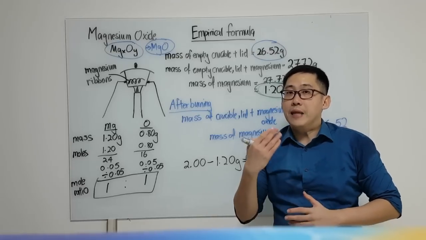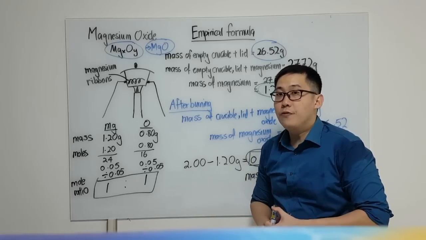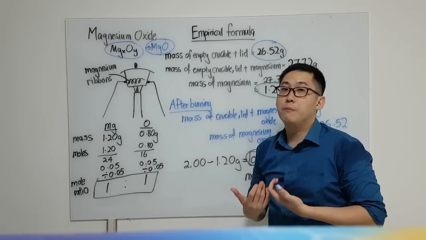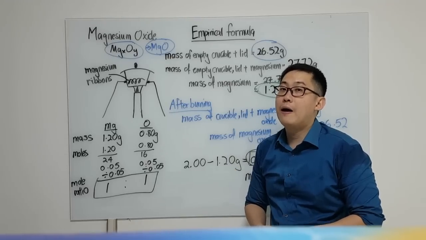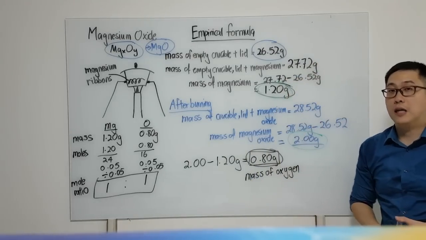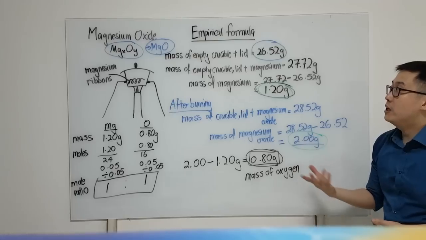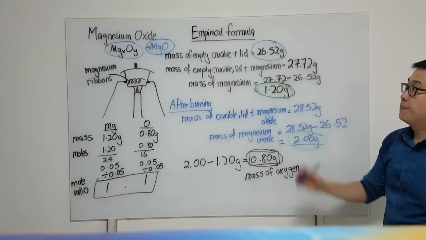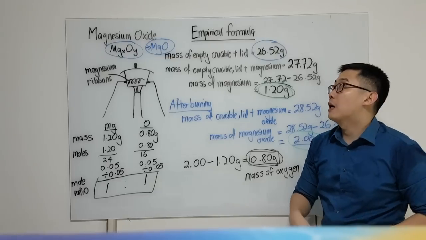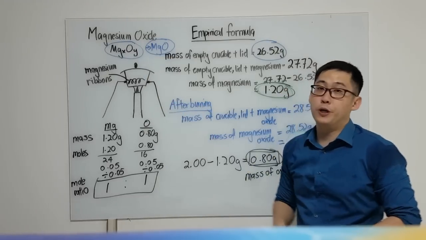Let's recap that in order for us to get a molecular formula, we may need to have more data. We will need to have the molecular mass. However, in this case, through this analysis of actually doing the calculation from the mass itself, we will then be able to calculate out the empirical formula.